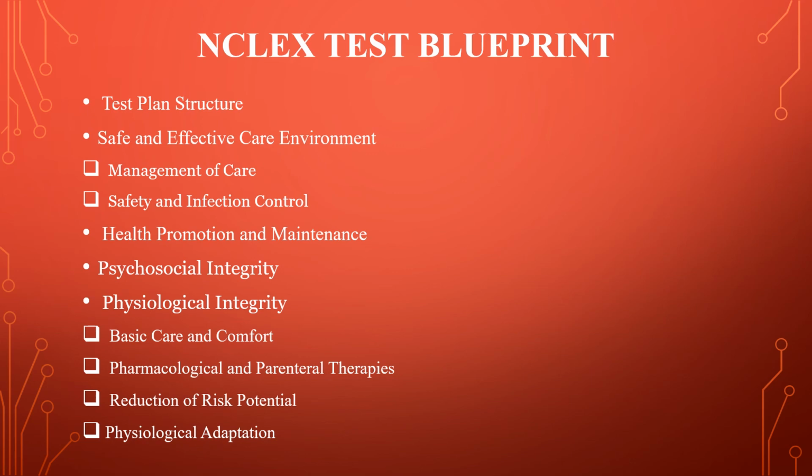The first subcategory is basic care and comfort. The next, pharmacological and parenteral therapies. The next one is reduction of risk potential. And the last one in this category is physiological adaptation.